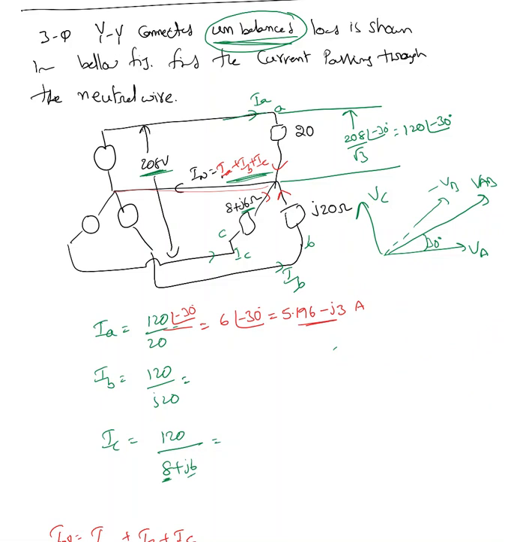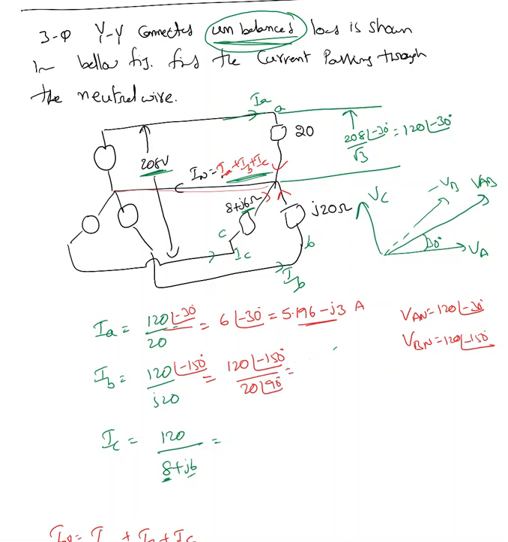IB, same thing. If I know VAN equal to 120 at an angle of negative 30, what is VBN? VBN must be 120 at an angle of minus 150 degrees. So IB equals 120 at an angle of negative 150 over 20 at an angle of 90.